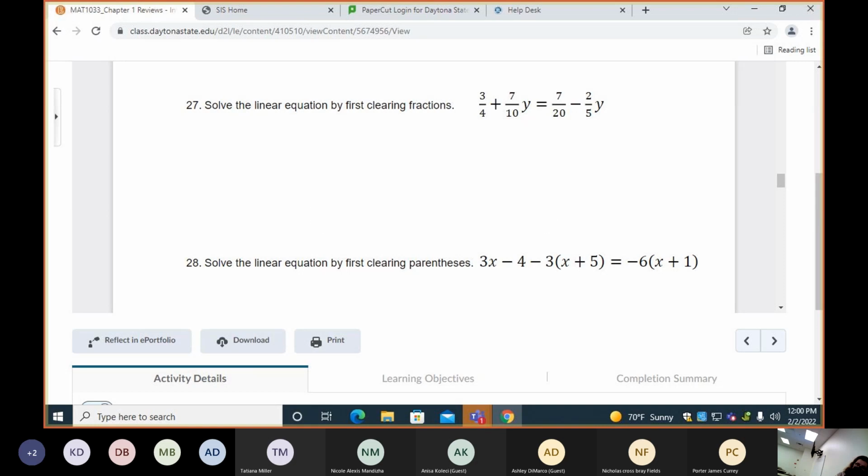So, help me out. What is the LCD? LCD is 20. So 4 goes into 20 five times. 5 times 3 is 15, plus 10 goes into 20 two times. 7 times 2 is 14y.